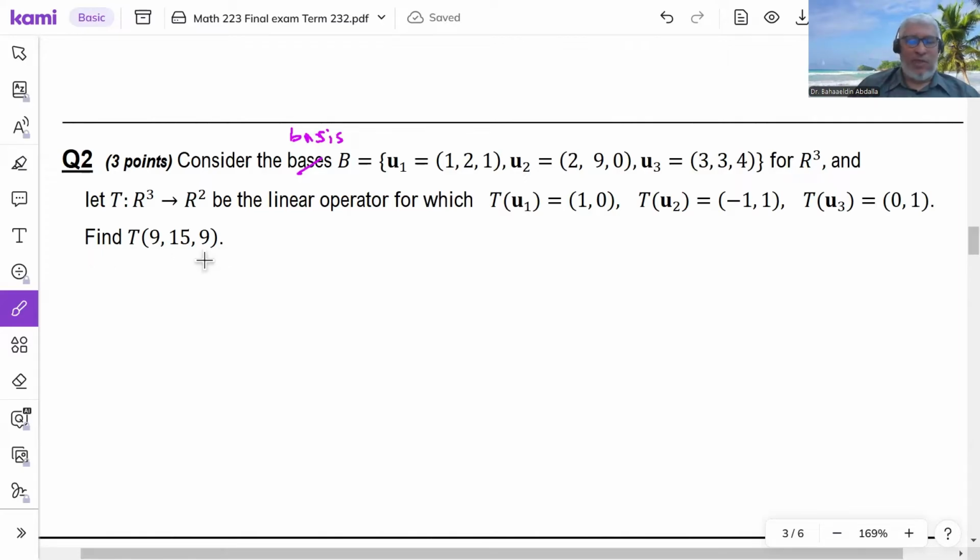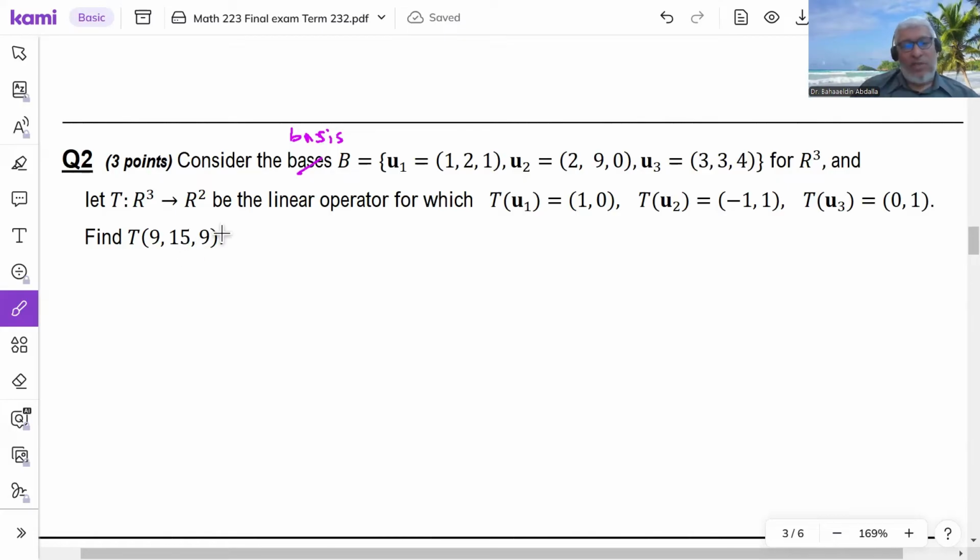Find T(9, 15, 9). So here I have a basis for R3, and I know how T, which is the linear operator, works on the basis. So I know that T takes U1 to this one, U2 to this one. And now I need to find where this vector in R3 is going to go.